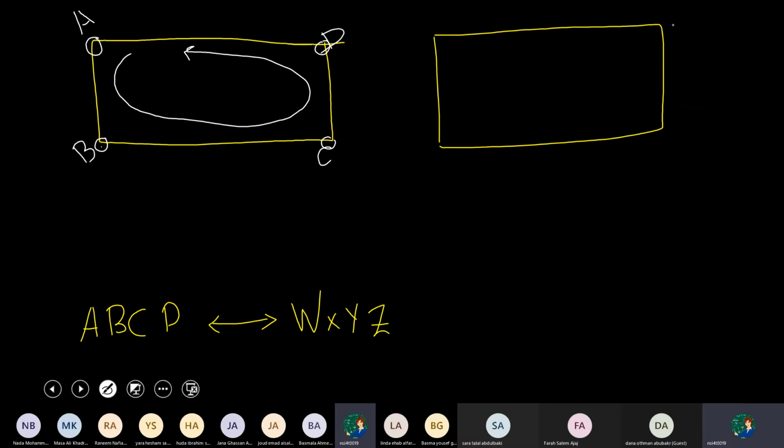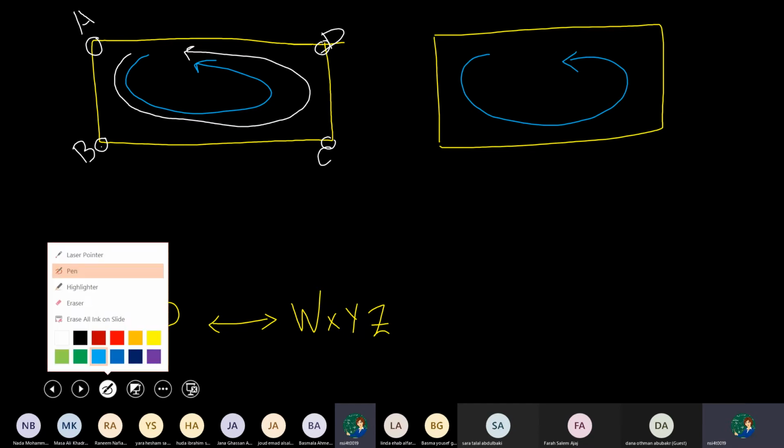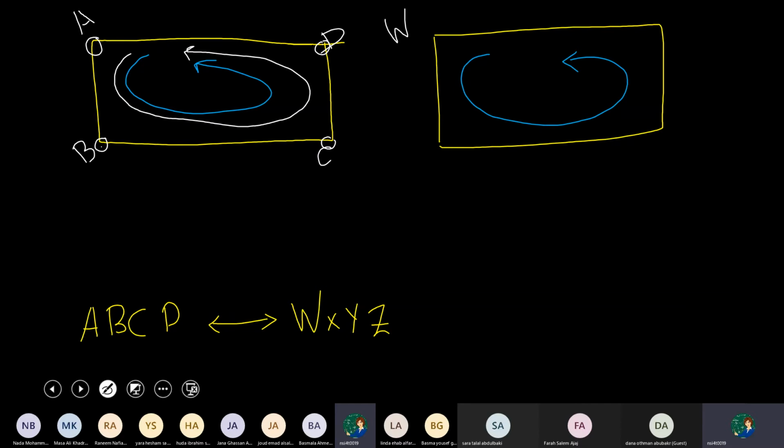I will not put Y, X, Z, W like this. This is false. If you start moving in the first shape this way, you also have to move in the other shape this way. That means I start with W here, then X here, then Y here, and end with Z here. That is the meaning of corresponding.